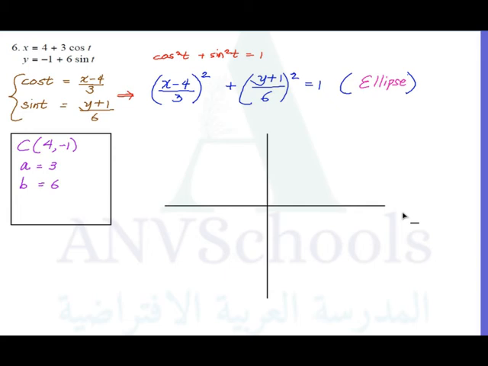So the center is located at 4, -1. So that means it's here. So we have to draw or label at least 6 scales up and below, let's say 7 scales. So below 1, 2, 3, 4, 5, 6, 7.